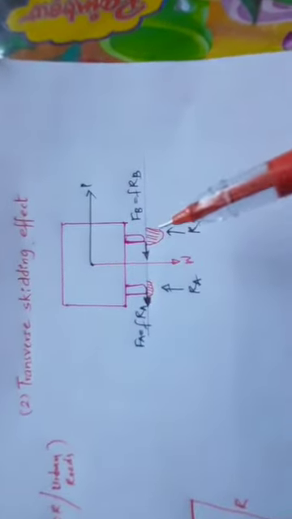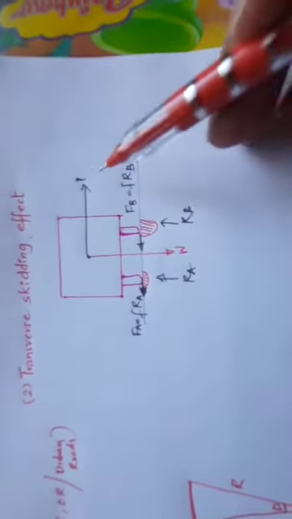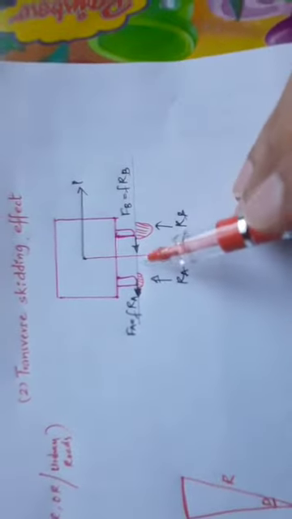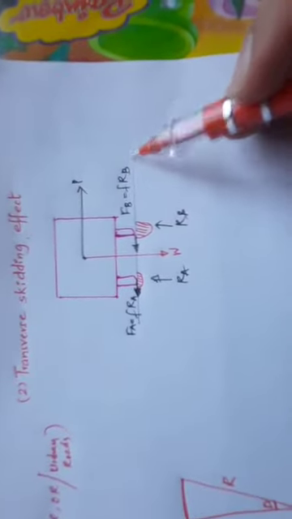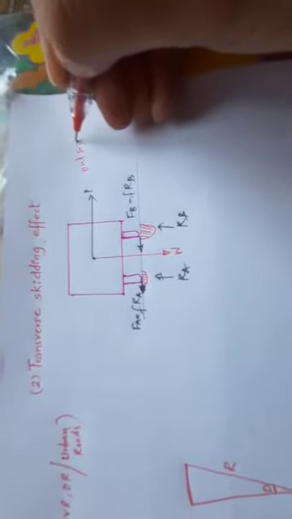Now the transverse skidding effect. Here the centrifugal force developed, this is the P, also has a tendency to push the vehicle outwards in the transverse direction. This is the outside, what we consider, and this is the inner side of the road.